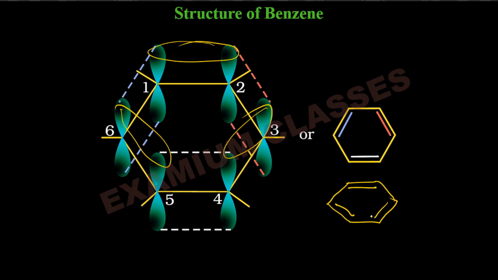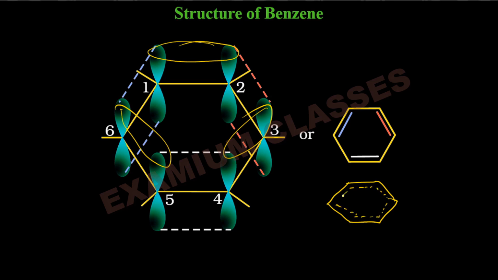It means this is just for depiction. Double bond will actually be present at all places and single bond will be present at all places. So no bond will actually be single bond or double bond. These bonds will actually be hybrid bonds, somewhere between single bond and double bond.